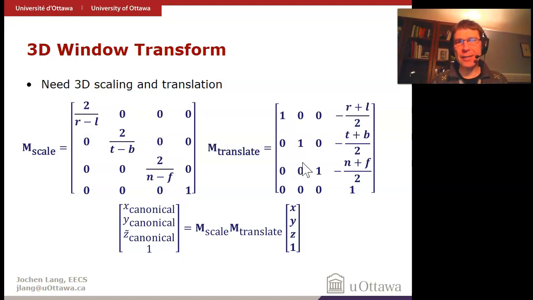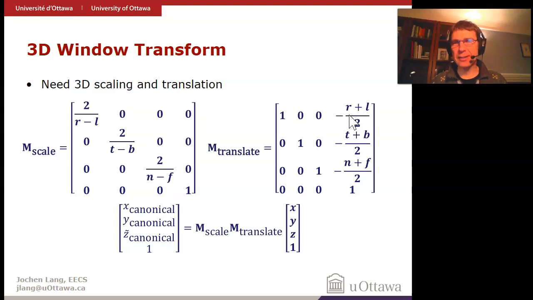And then we have to translate it to the origin. Again, that's fairly straightforward. We basically just take the middle of that volume and see how far that volume is away from the origin, and hence use this as a translation vector to get that volume centered on the origin. So that's why we have the minus here.